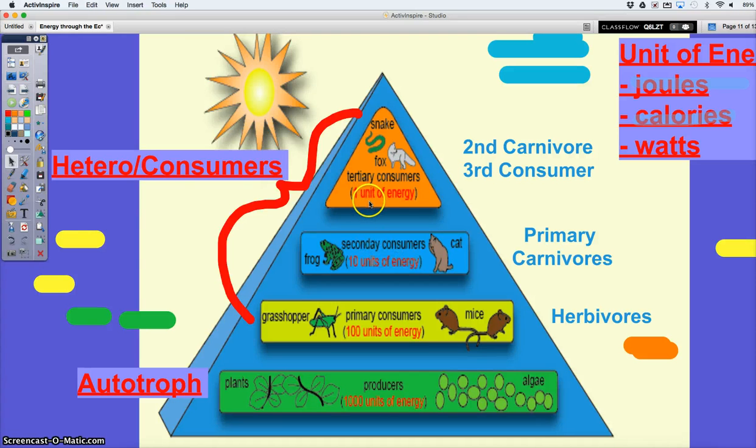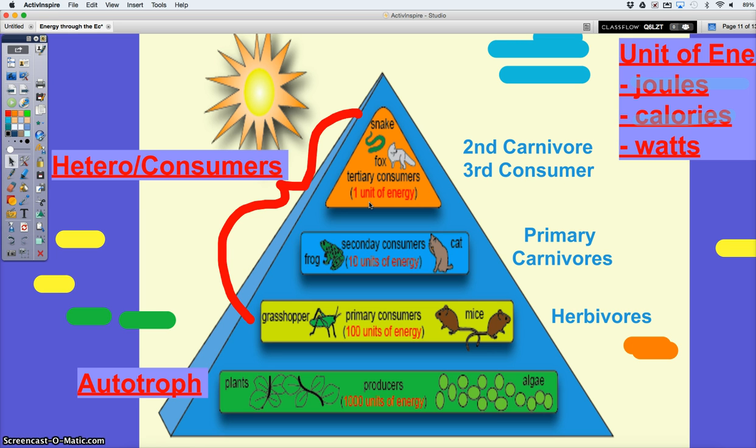Where would a decomposer go on here? Actually, who agrees with her? She said the top. Actually, no, wouldn't it go anywhere? It would go anywhere there's dying organisms or waste.